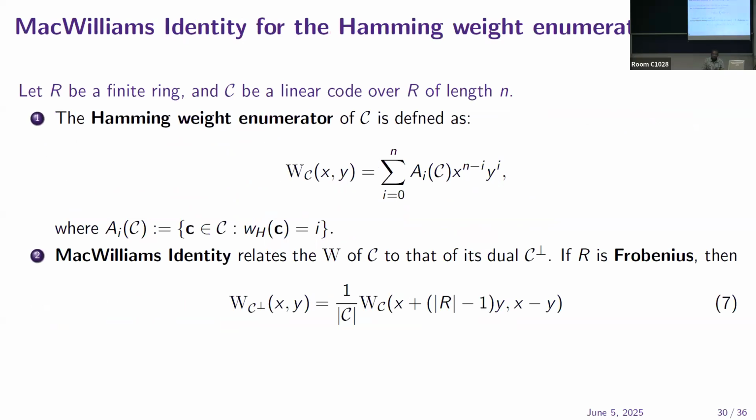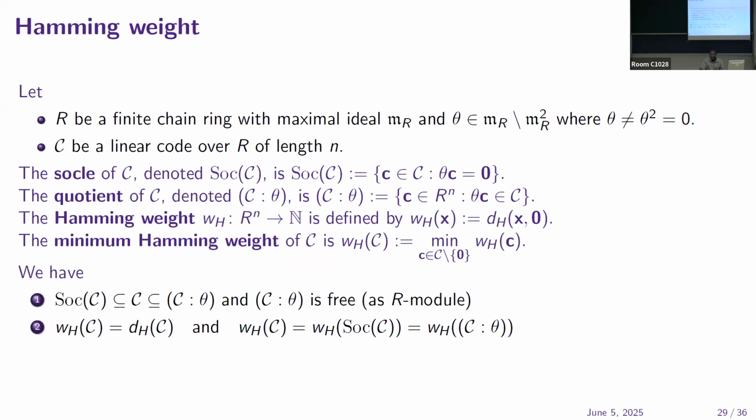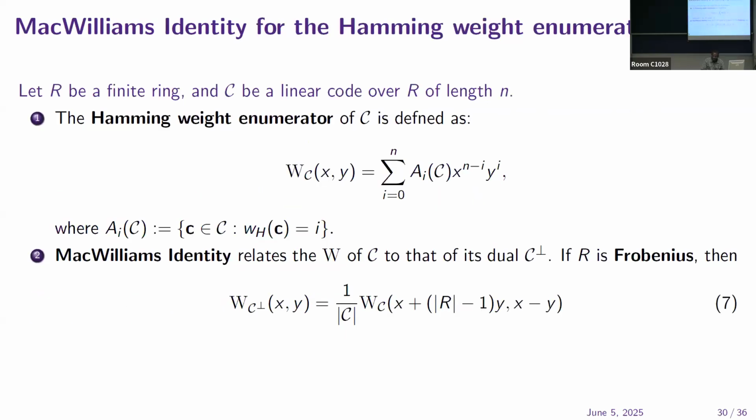Continue with the MacWilliams identities for the weight of the code. The minimal weight of the code is the smallest weight of a nonzero codeword. The weight enumerator of C is defined by this equality.